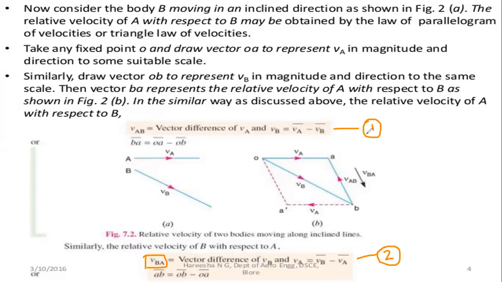Therefore, AB bar is equal to OB bar minus OA bar. So that is the representation of the position.